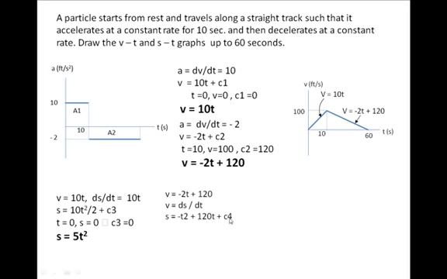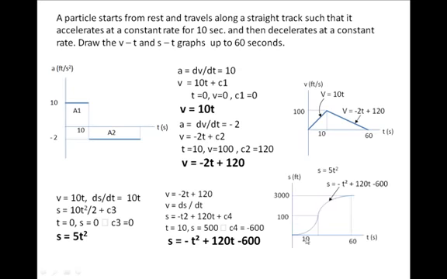I have an integration constant which I evaluate, knowing at t equal to 10, s will be 500. So I work out c4 as minus 600. I get my equation, and then these two, s equal to 5t square and s equal to minus t square plus 120t minus 600, I plot and I create the s-t graph up to 60 seconds.